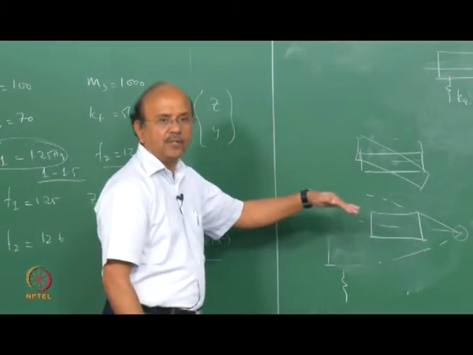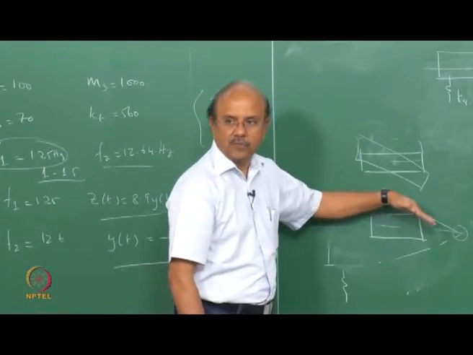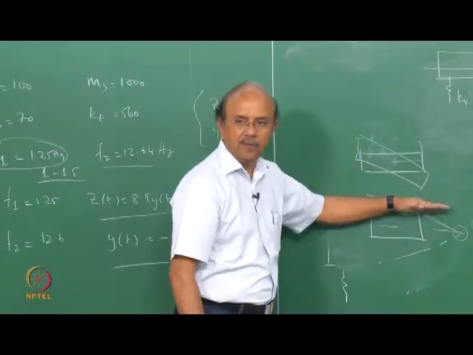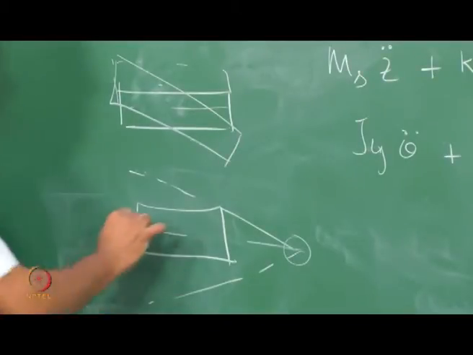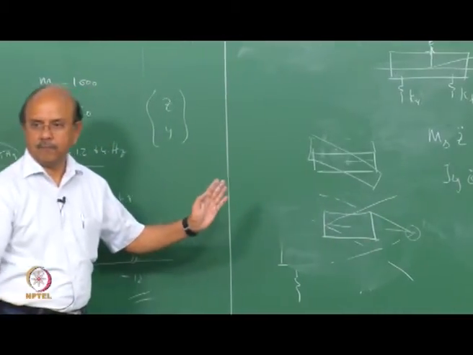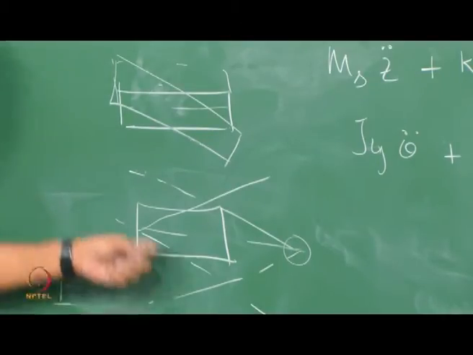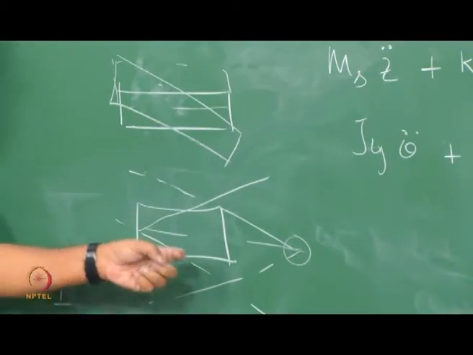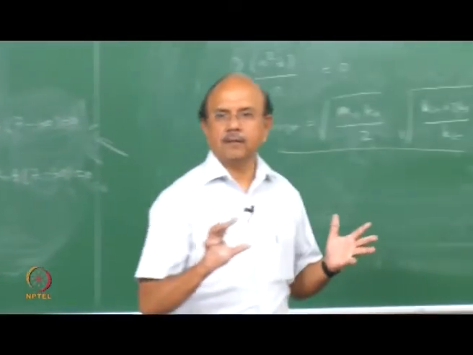So in other words, there will be a displacement as well as a rotation, which will take it to this. So it will vibrate like this. In another mode, it will vibrate like that. So both of them are now coupled. This is uncoupled and this is coupled. Okay. Point number one. Is this clear?